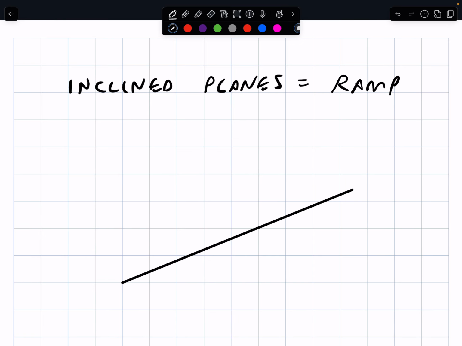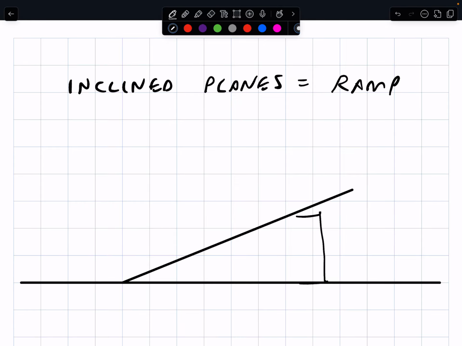All right, so here's the ground. And I don't know what you put under here, some books or something, a piece of wood. Who knows? It's a ramp and it's inclined. And the incline is measured by this thing called an angle.